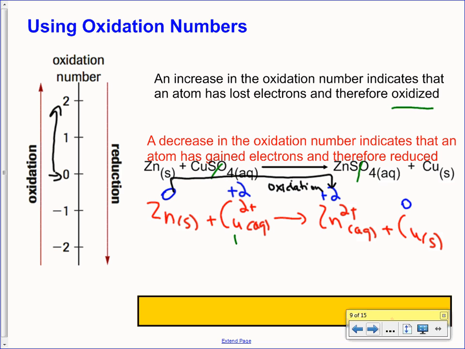If we have a look at copper, copper is starting at +2 and it's decreasing its oxidation number to 0. So because its oxidation number is decreasing, we can say that copper is undergoing a reduction. So it's gained some electrons from this reaction.